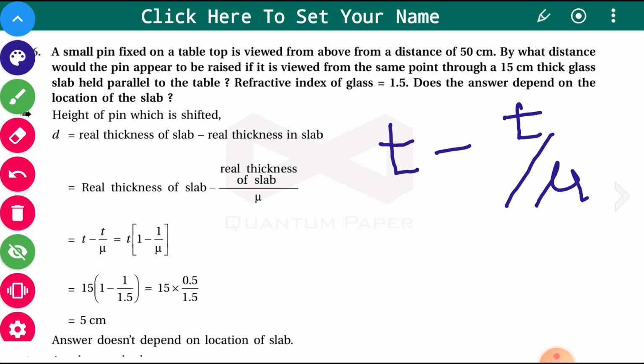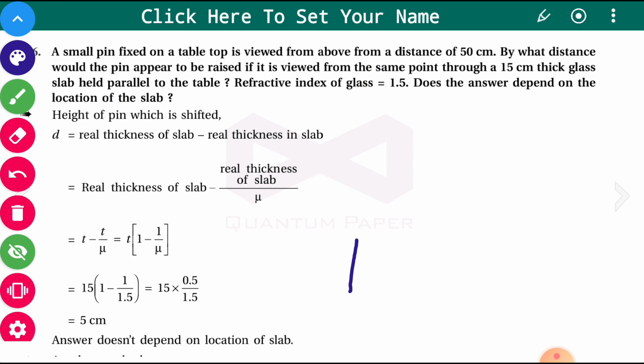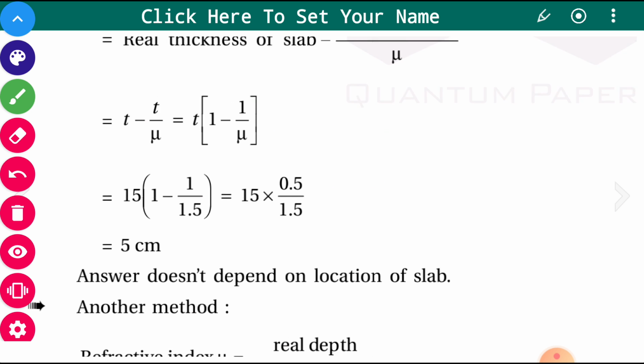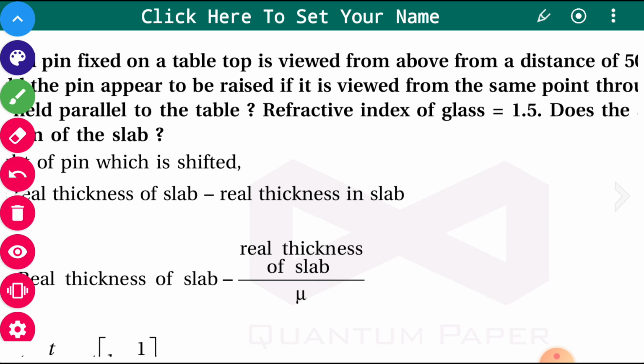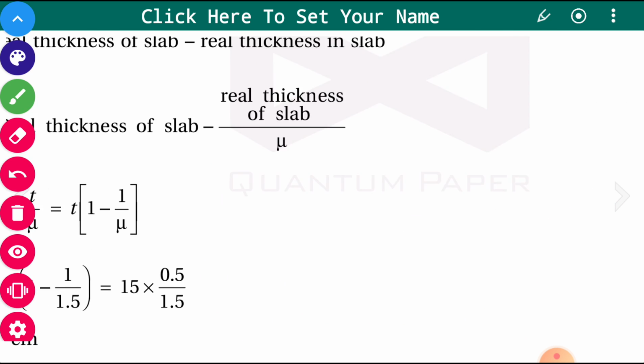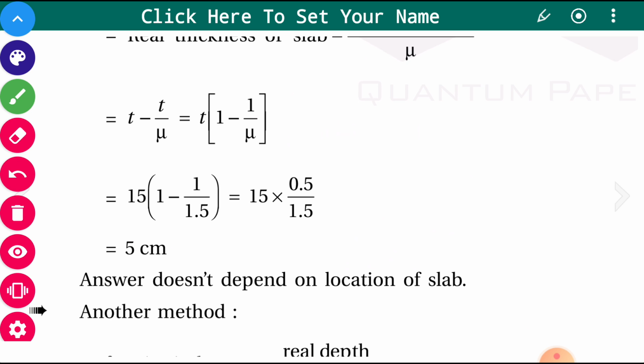So here it is written as T minus T upon mu. T is taken common. Now the rest of the things are very easy, we just have to place the values. T, the thickness of the slab, is given as 15 centimeter. The refractive index is 1.5.